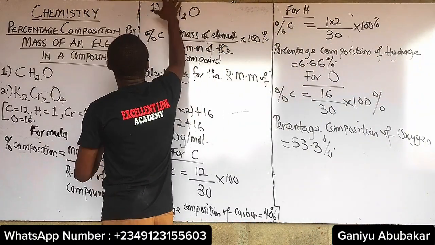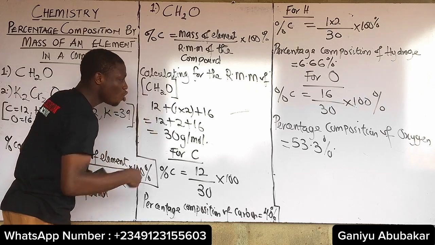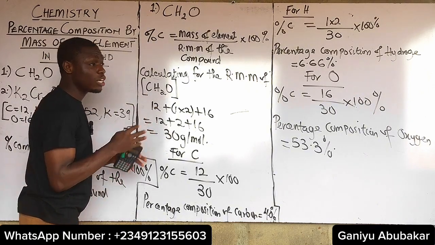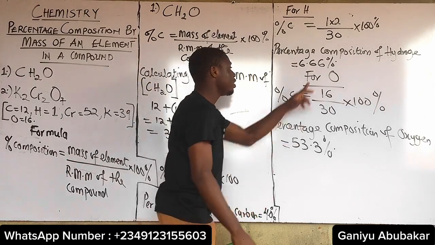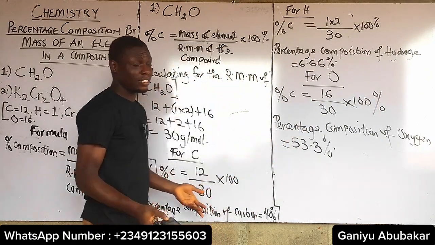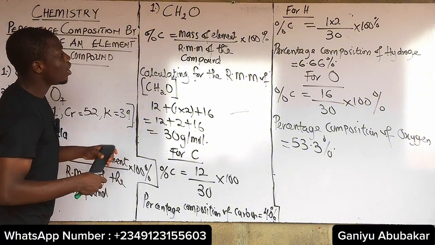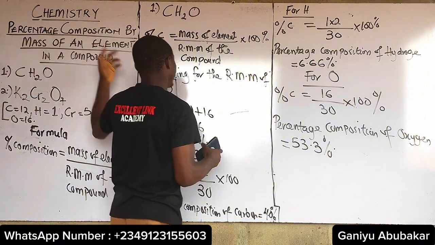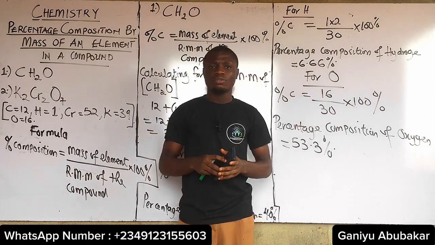If I sum up the percentage composition of each element, I'll get 100%. That's the concept behind percentage composition by mass of an element in a compound.